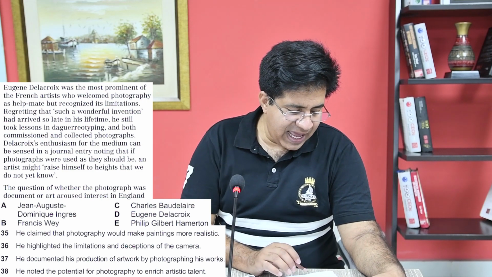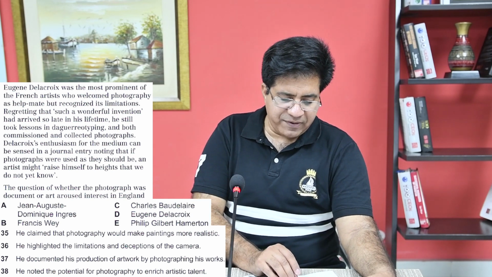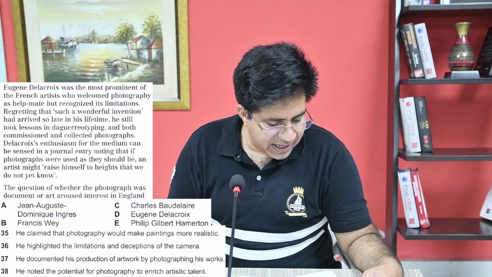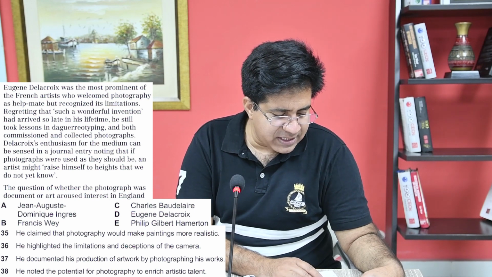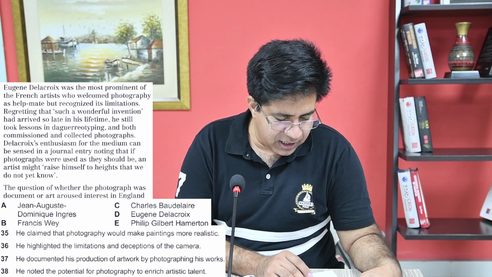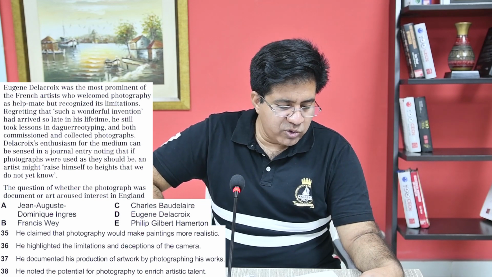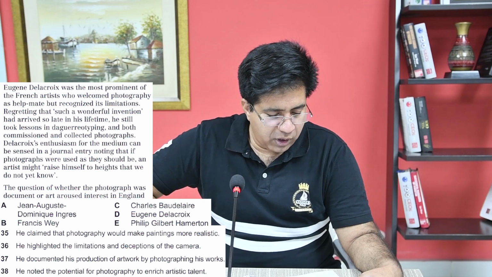Question number 38. Exactly. He noted the potential for photography to enrich artistic talent. Read that line again. Enthusiasm for the medium can be sensed in a journal entry noting that if photographs were used as they should be, an artist might raise himself to heights that we do not yet know.